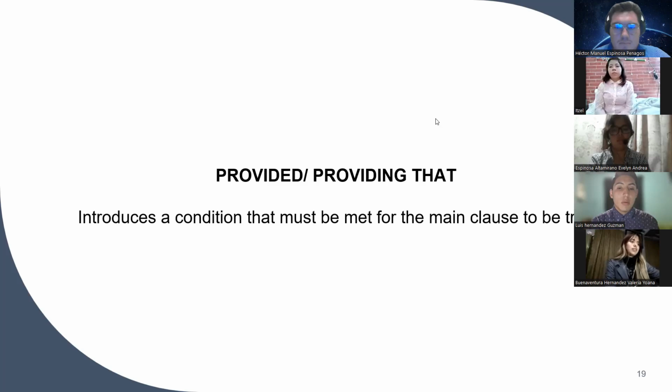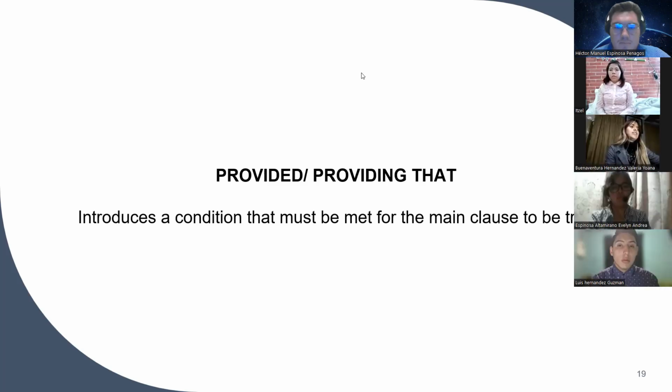Providing that is used to connect a fact with the condition without which it will not occur. This condition can be positive or negative, and it can have one or more conditions. You introduce a condition that must be met for the main clause to be true.